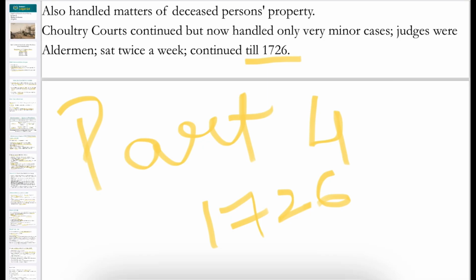That is exactly what the Charter of 1726 was designed to fix. It introduced a uniform court system, the mayor's court in every presidency town, replacing the patchwork of differently named local courts. And we'll study more about the Charter of 1726 in detail in the next video.